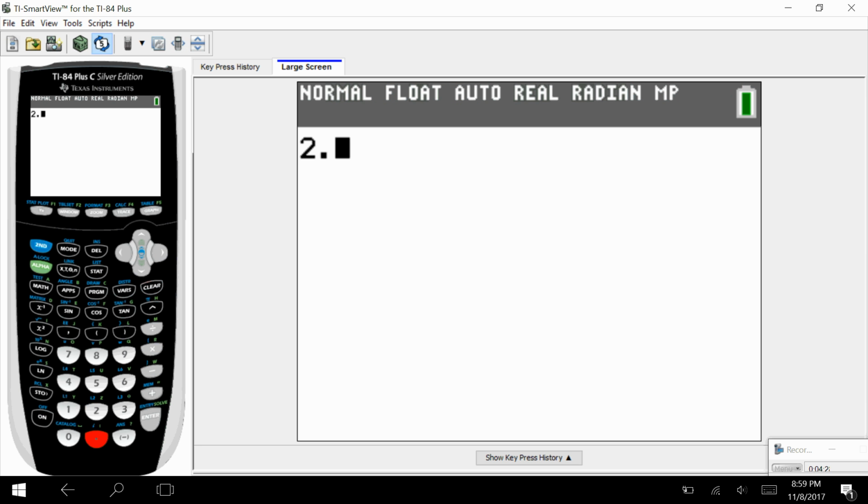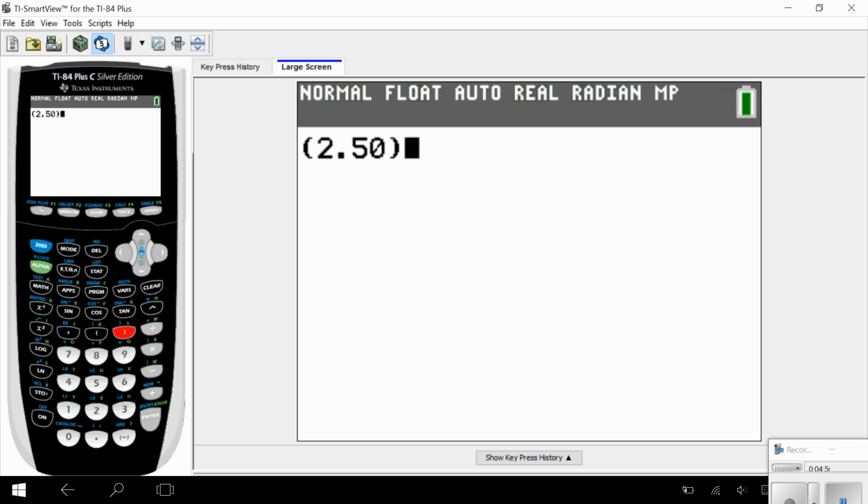Let me rewrite that. If we type it in exactly as it looked in our calculator, the 2.50 was in parentheses.